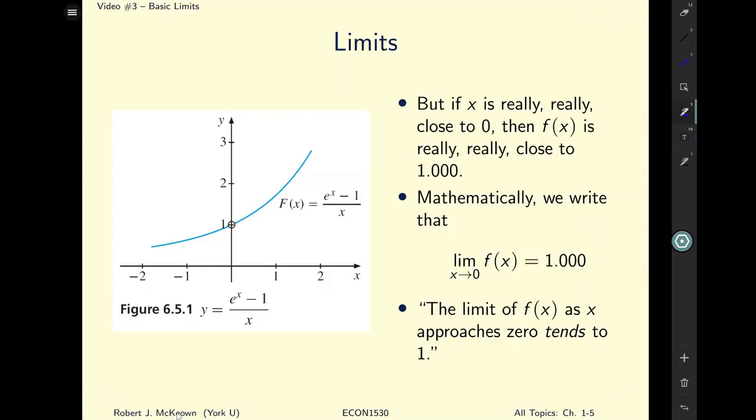Now, I think it's fairly clear, and I hope that we all agree that if x is really, really close to 0, f of x is going to be really, really close to 1.